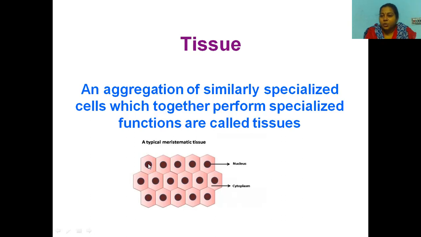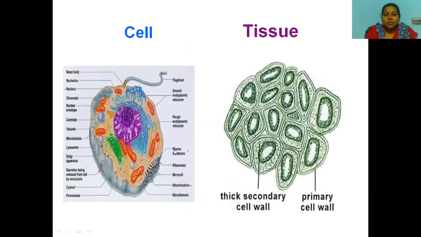Cell has the nucleus at the center and is filled with cytoplasm. See children, this is the cell. A cell has so many internal structures. Those are cell organelles.